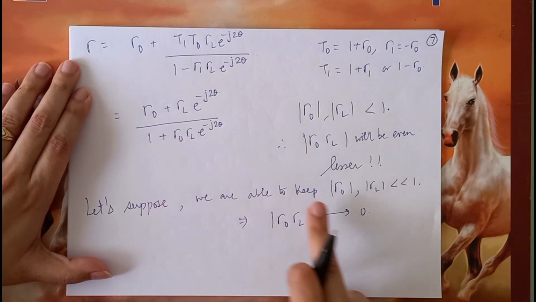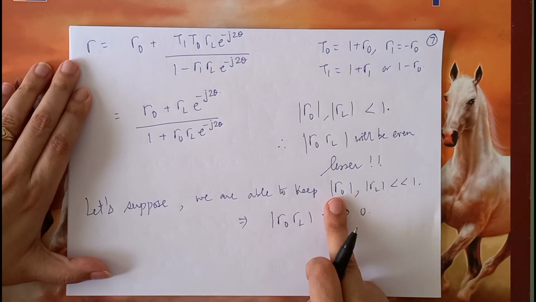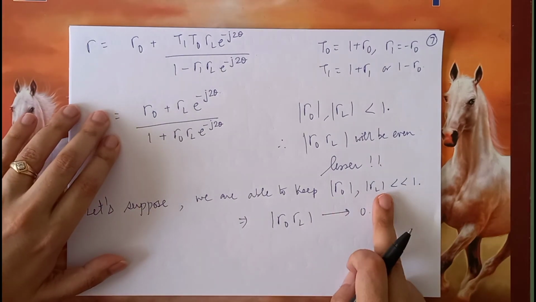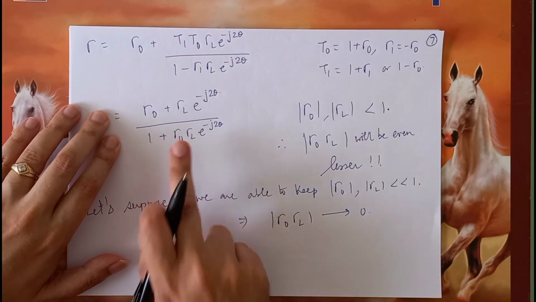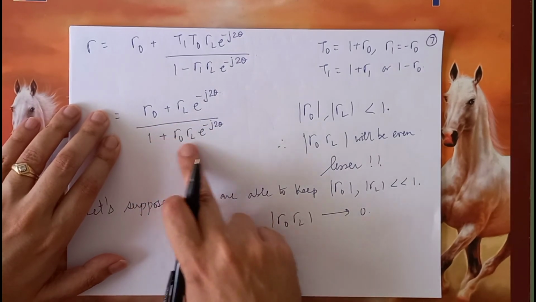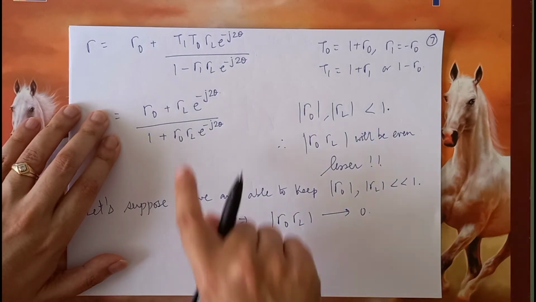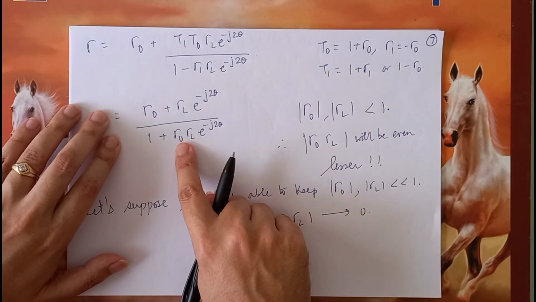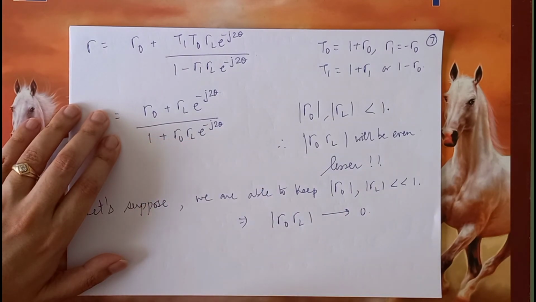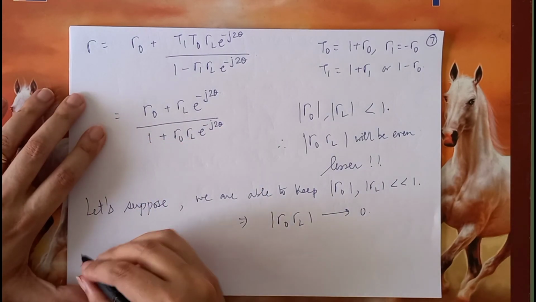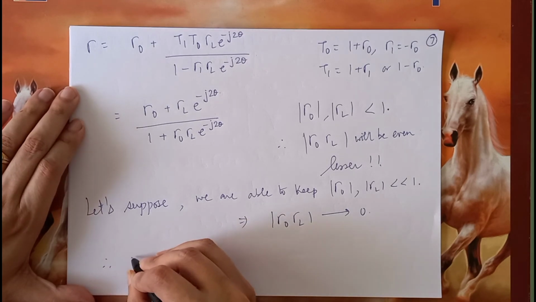So therefore, if we can ensure that gamma 0 and gamma L magnitudes are much, much below 1, we can effectively cause the second term in the denominator to become negligible. Thereby, the denominator should become 1. So in that case, what will gamma be?